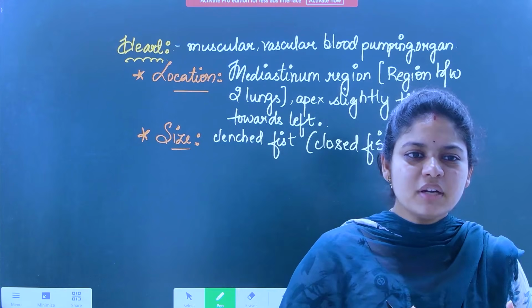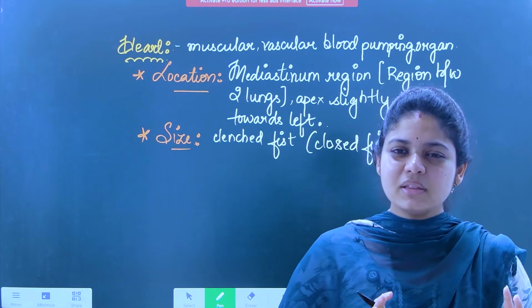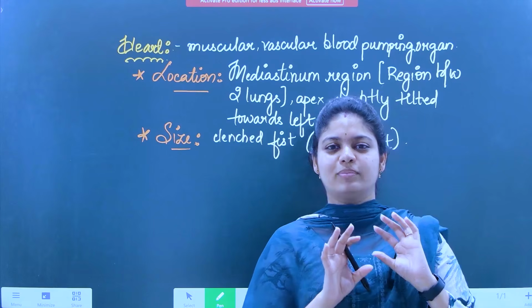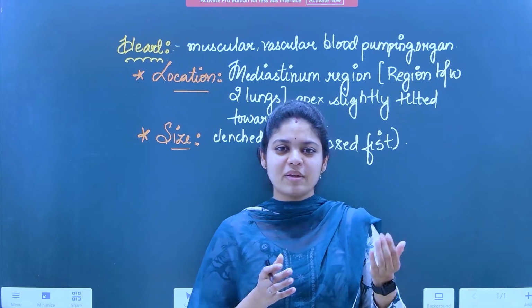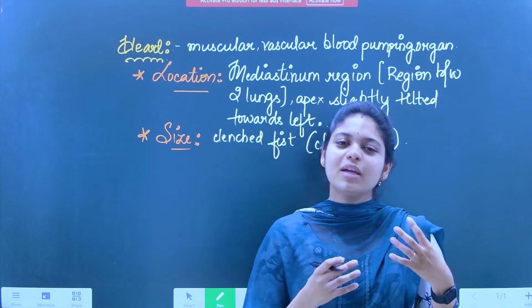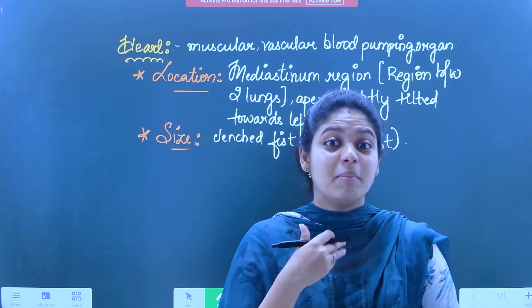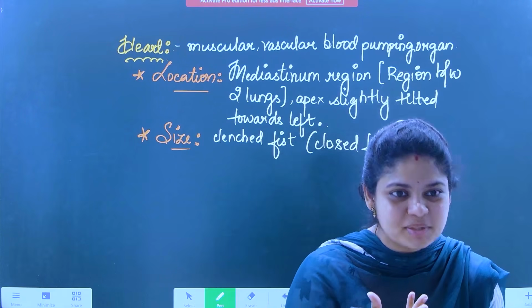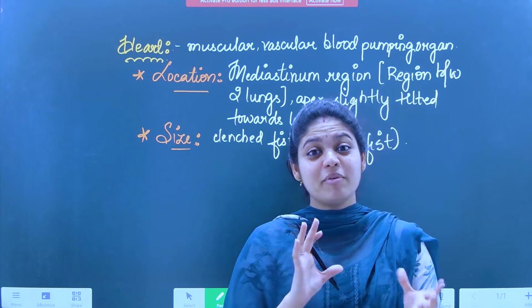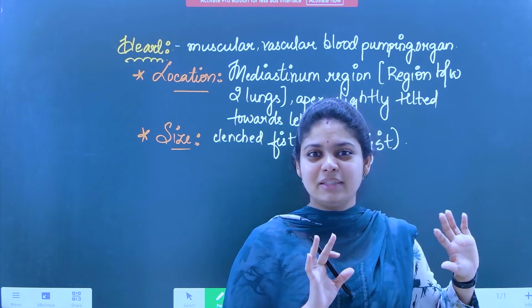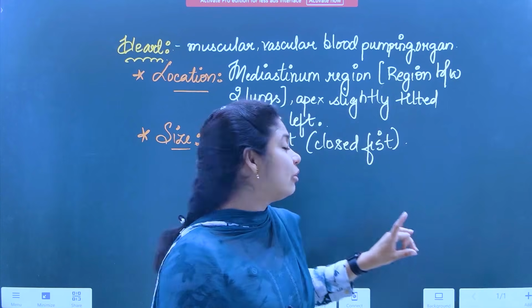Okay, present on the left side was a myth. Myth in the sense when we are young, when we are children, kids, we thought heart is present on the left. But now we are becoming doctors, right? So we should do everything in terms of medical terms. So that is what I'm trying to tell.